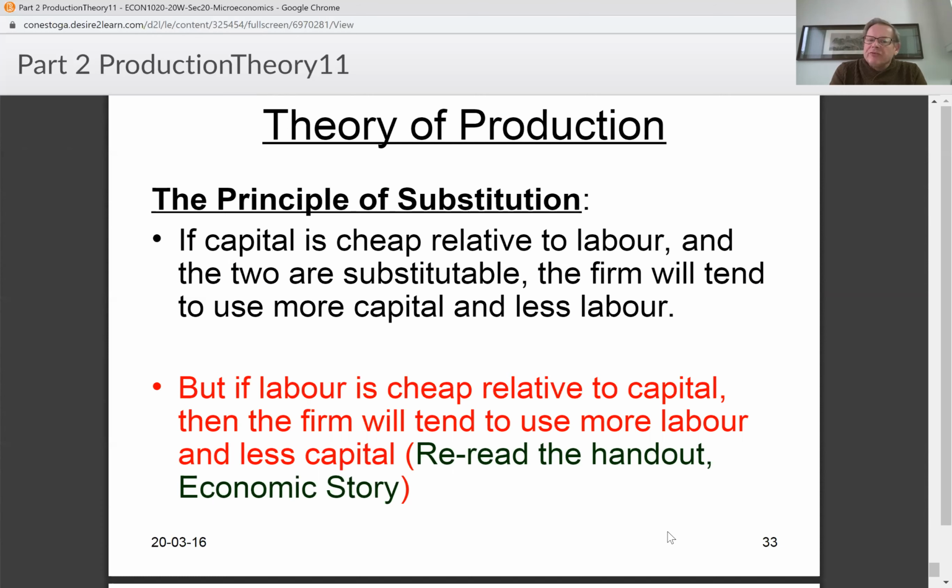But if labor is cheap relative to capital, then the firm will tend to use more labor and less capital. An example of that could be if you're driving from Kitchener to, let's say, Rochester, New York, and you hit the United States, and you're driving on the interstate highway between Buffalo and Rochester, you will notice that there are attendants on the interstate that will collect money.